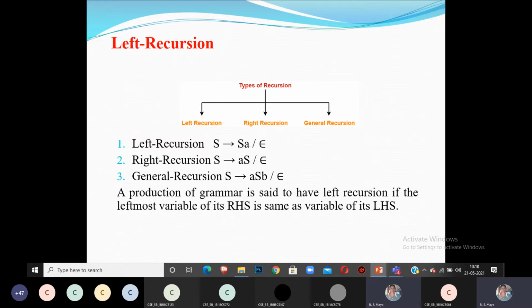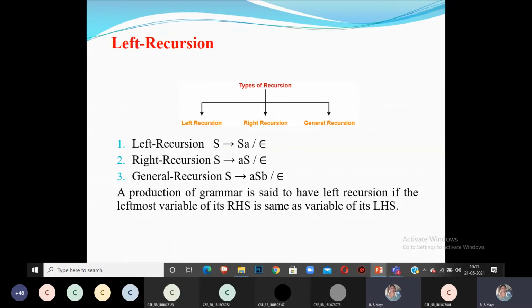We have to concentrate only on left recursion. A production of a grammar is said to have left recursion if the leftmost variable of its RHS is the same as the variable of its LHS. Is the definition clear? If the leftmost variable of the RHS is the same as its LHS, then it is called left recursion.